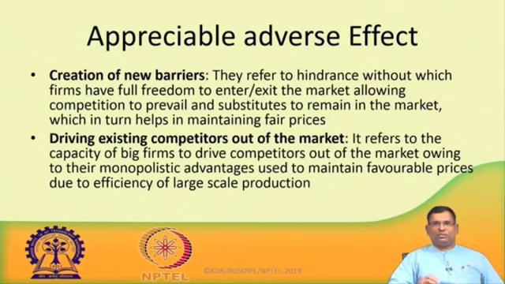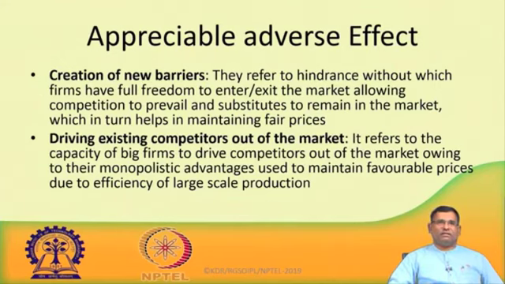The companies already operating in the market can create new barriers, so the new entrants cannot enter the market because of these barriers. Full freedom to enter or exit the market allows competition to prevail and substitutes to remain in the market. So, if these companies do not allow substitutes to remain in the market, that is also considered an appreciable adverse effect on competition.